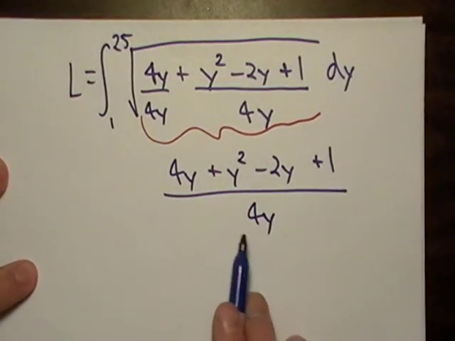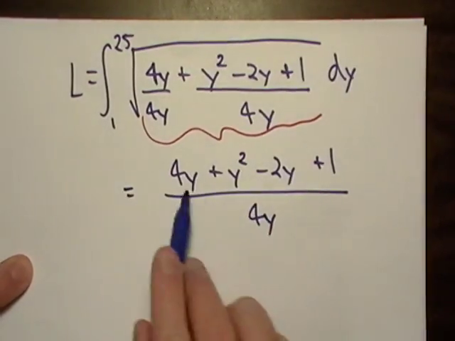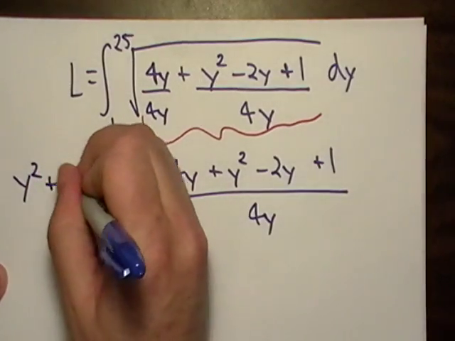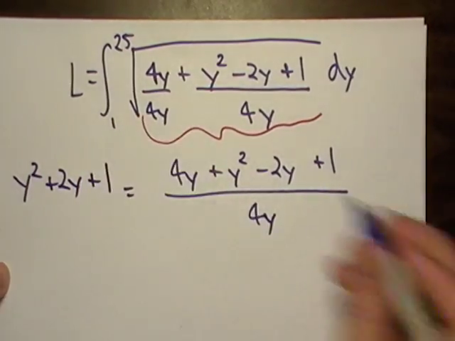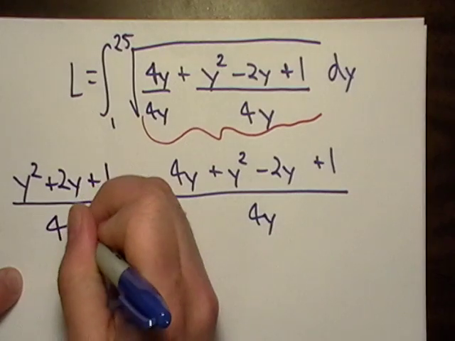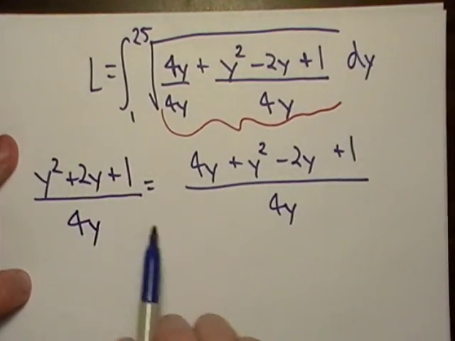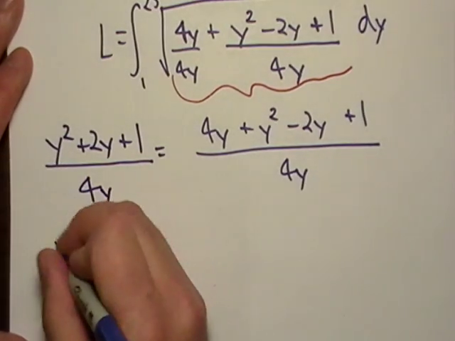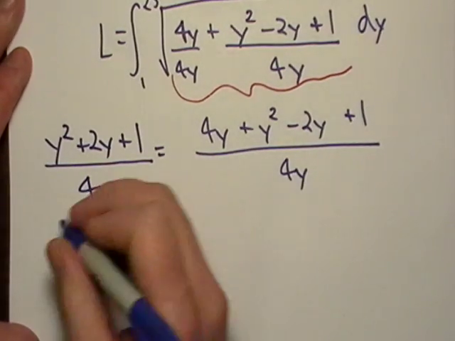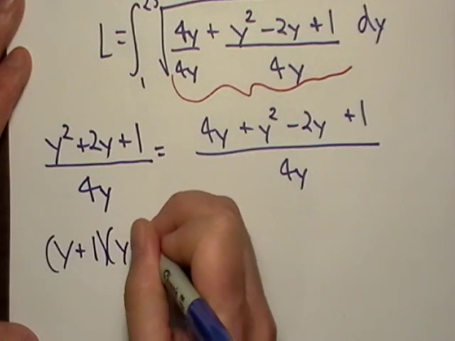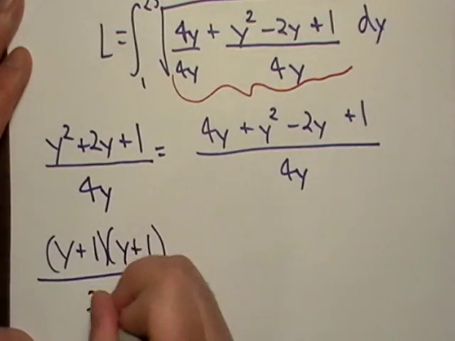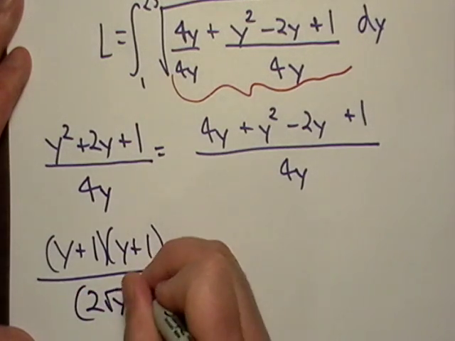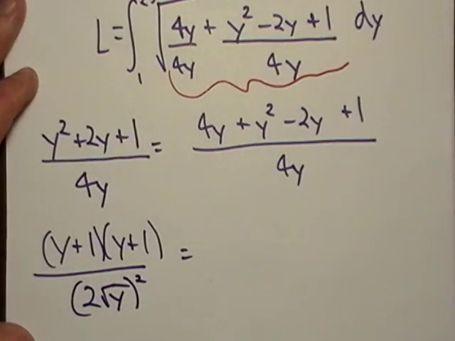So this will simplify to y squared plus 2y plus 1 over 4y. And actually, I can see it already. This will be y plus 1 squared, so that gives us our square right there.